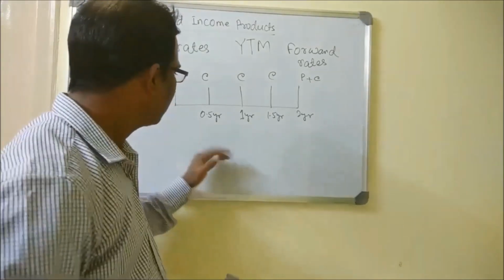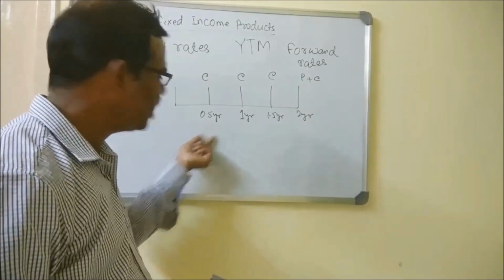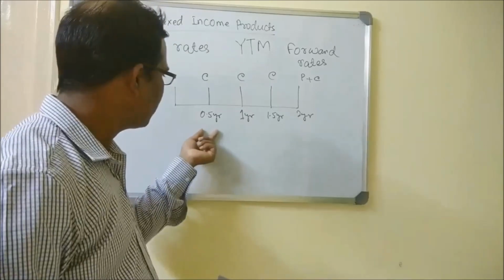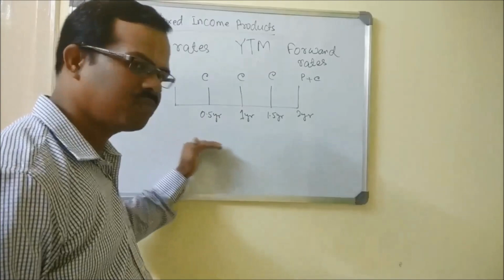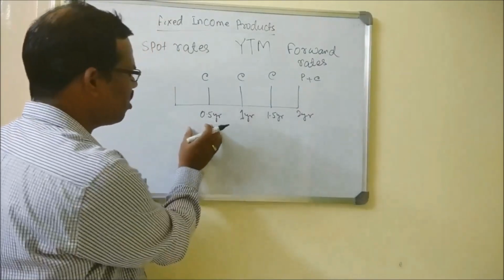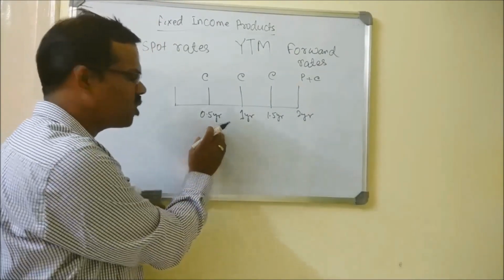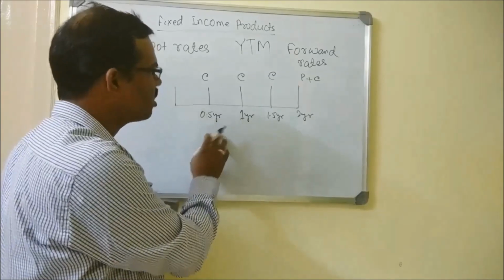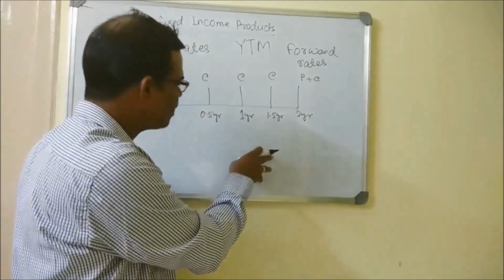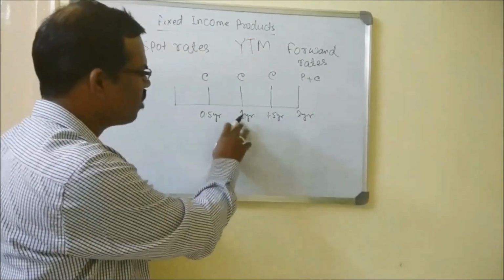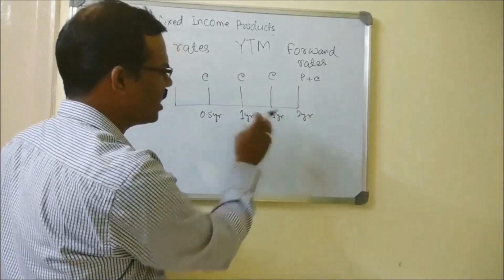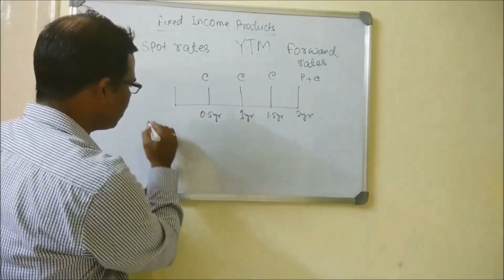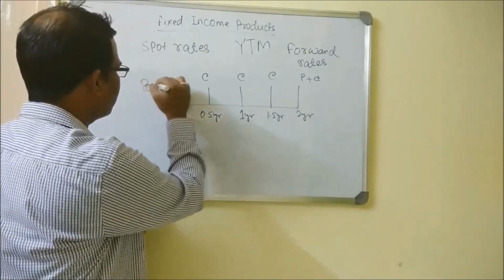Now here you pay the money at time 0, and you get a certain coupon amount in 6 months. What is the present value of this coupon which I am going to receive in 6 months? What is the present value of the 1 year coupon payment? What is the present value of 1.5 years, right? Because what we have said is this is the bond value, right?